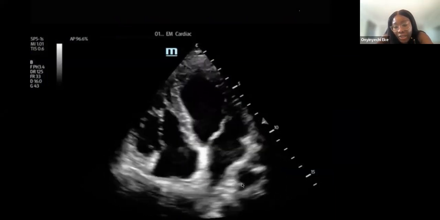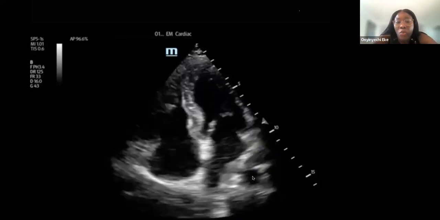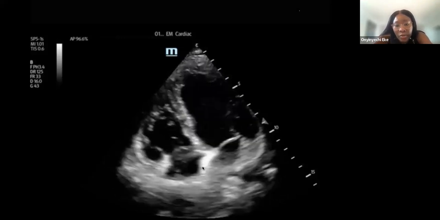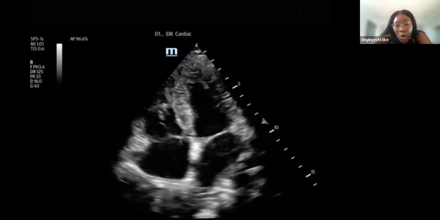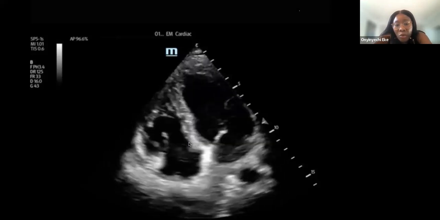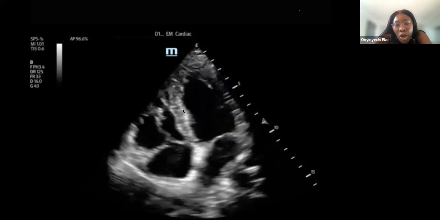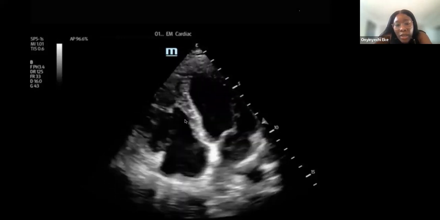So we know that we are on the left side. Now, how do you differentiate the right ventricle from the left ventricle? A couple things. If we look at this leaflet here of the tricuspid valve, we'd say it's more apically displaced. So it's more towards the apex compared to the mitral valve, okay?